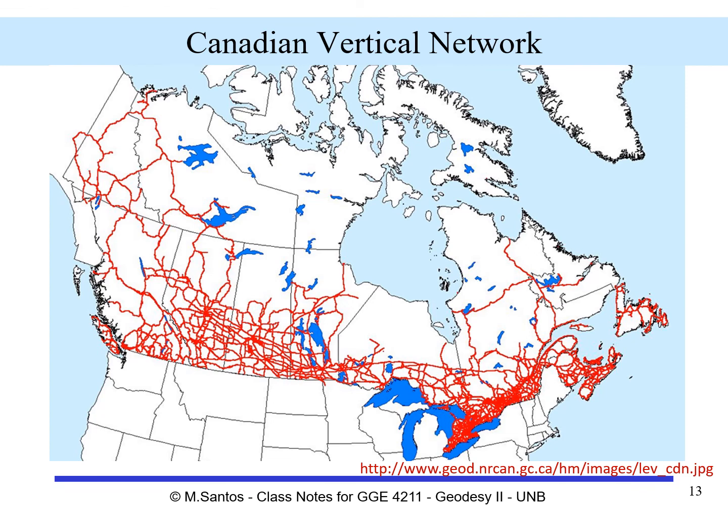Here is the Canadian vertical network. So basically, each red line represents a road or a highway. As you know, for leveling we go through the roads, and this is a very extensive network. We cannot compare the network of Canada with, say, Switzerland or Germany.